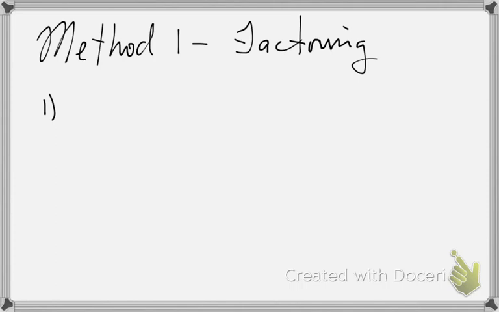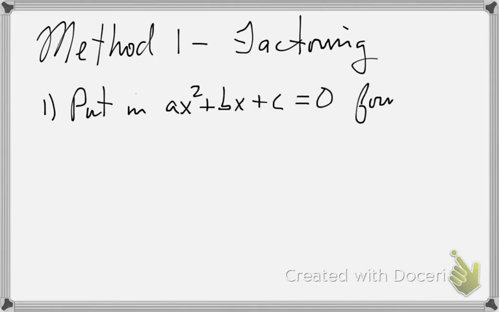So how do we solve a quadratic by factoring? We put in standard form, ax squared plus bx plus c equals 0. We got the 0 on one side, right? Then what did we do? We factored that quadratic. All those processes of factoring, GCF, followed by, if it's a trinomial, usually trial and error, but occasionally we had some special forms.